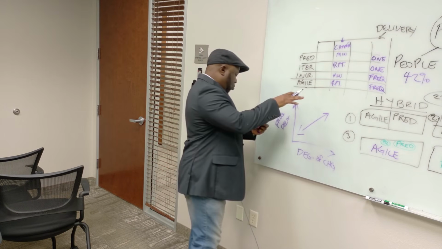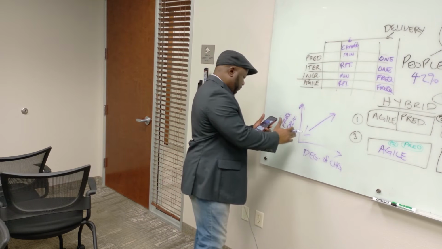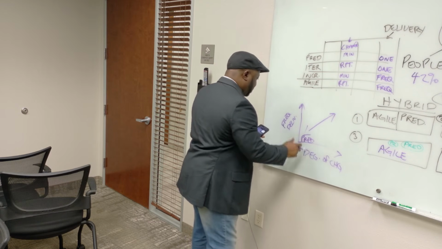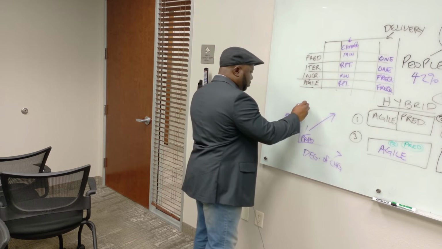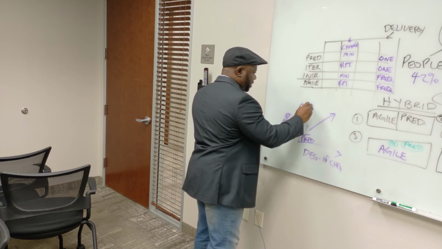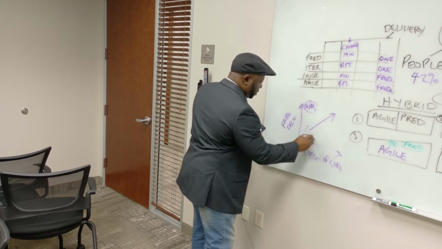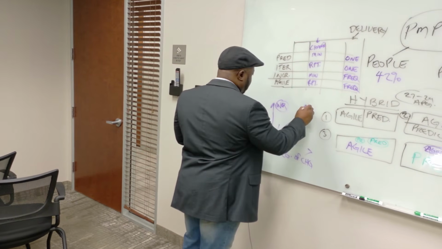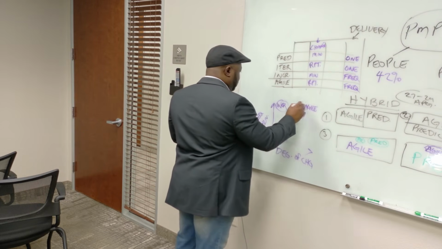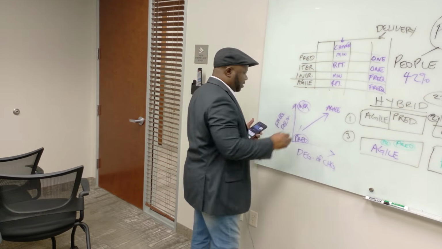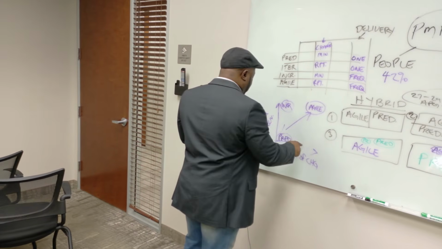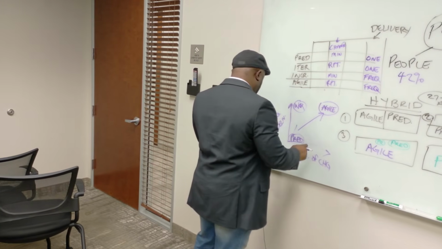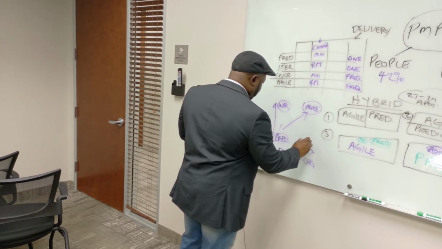So the one that has the low degree of change is predictive. And then above it, we have incremental. You see what I'm saying? And then the one that has the high frequency of delivery, agile, high frequency of delivery, incremental as well. But in terms of high degree of change and low frequency of delivery, we have iterative.